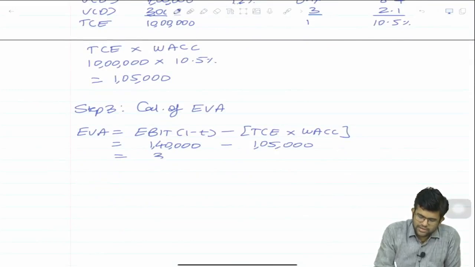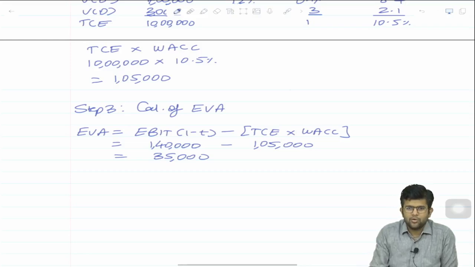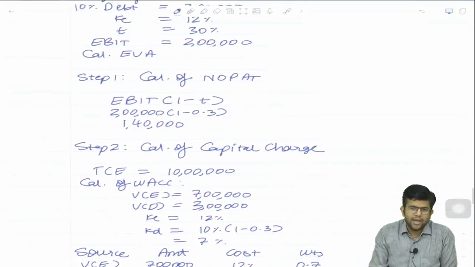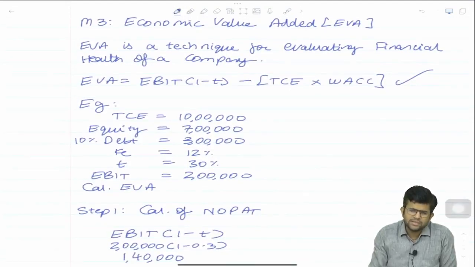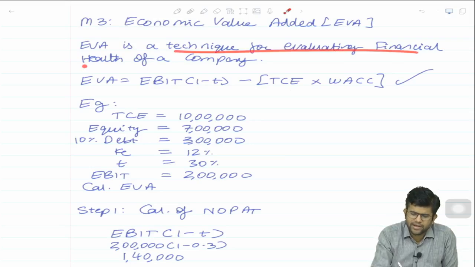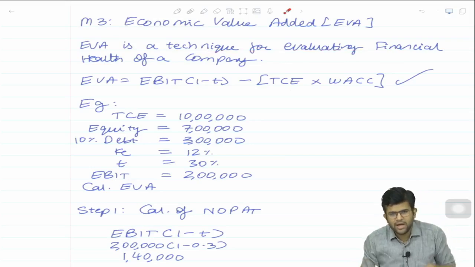So the EVA comes to rupees 35,000. Everybody clear? Now you are supposed to write this down. As you are writing, you have to think, how is this EVA a technique for valuing financial health? What is the logic of all this? After that I will explain.